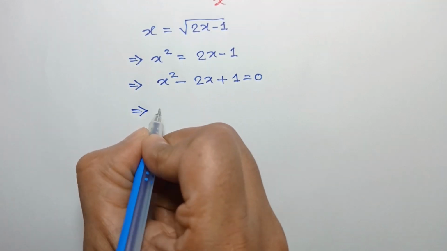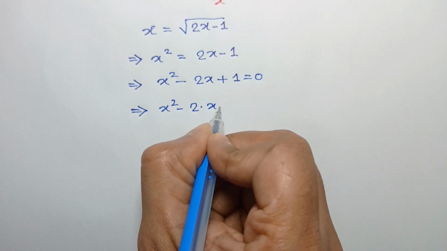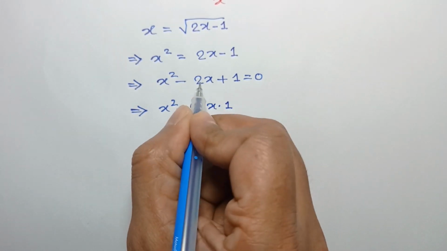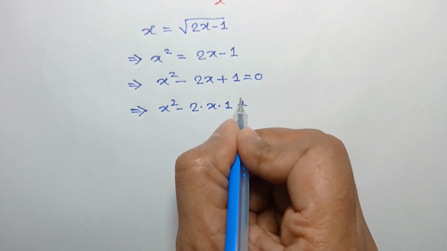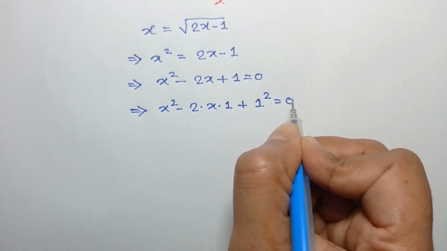Or x square minus 2 times x times 1, this is twice x, plus 1 is equal to 1 square is equal to 0.